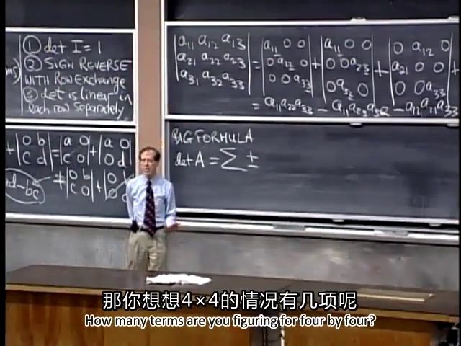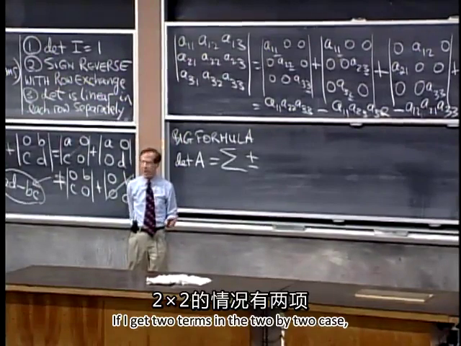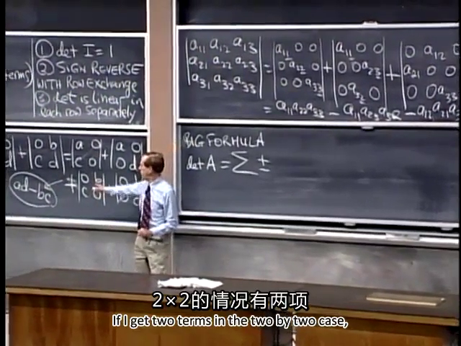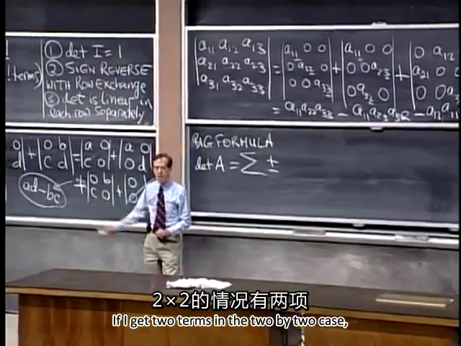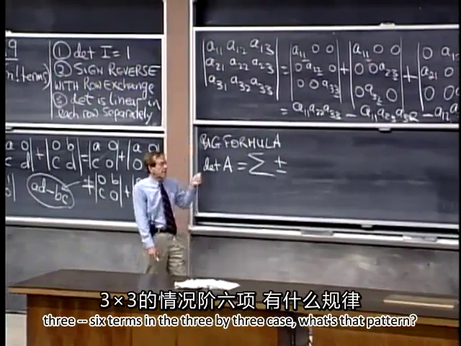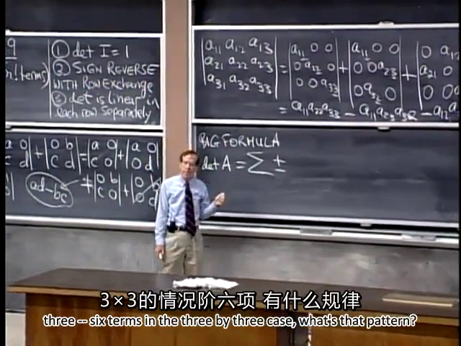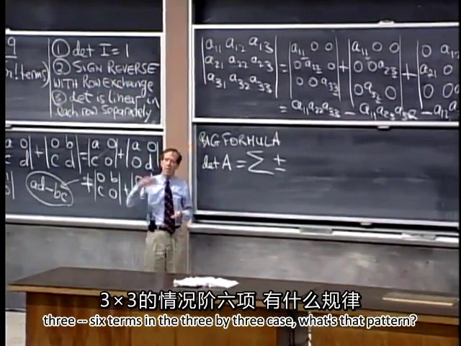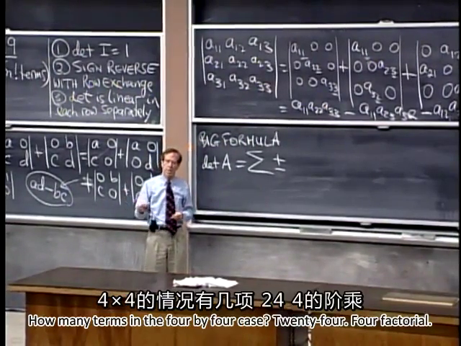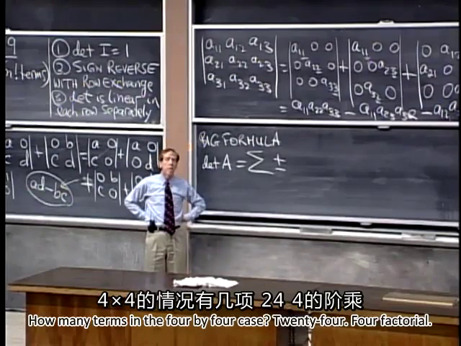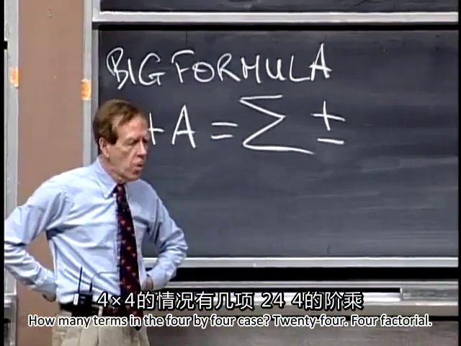How many terms are you figuring for 4x4? If I get 2 terms in the 2x2 case, 6 terms in the 3x3 case, what's that pattern? How many terms in the 4x4 case? 24. 4 factorial.